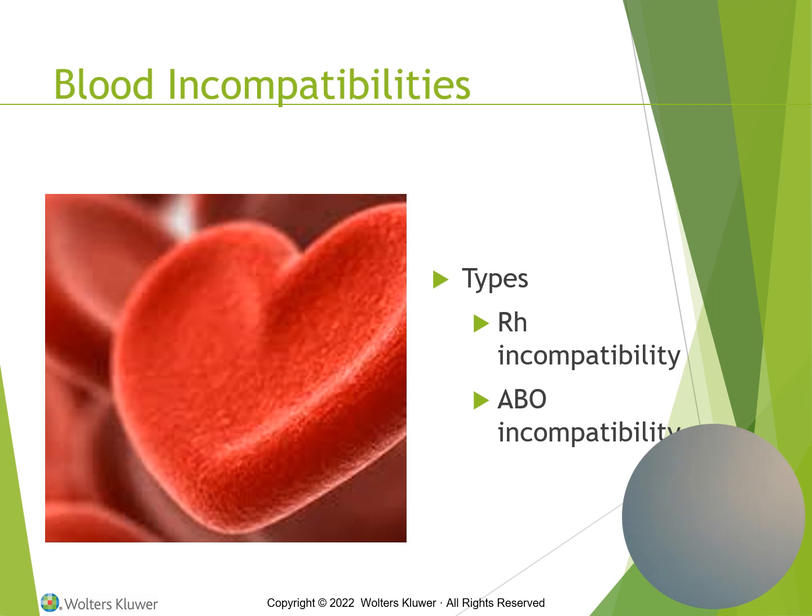With RH incompatibility, we have an antigen on the surface of the blood cells. If mom is an RH negative individual and she's exposed to RH positive blood, she's going to start developing antibodies to fight that RhO antigen.